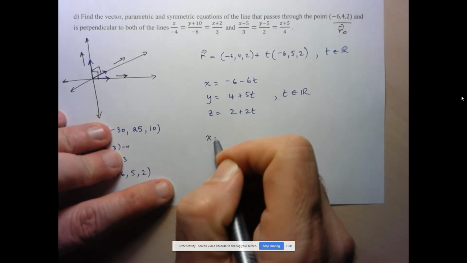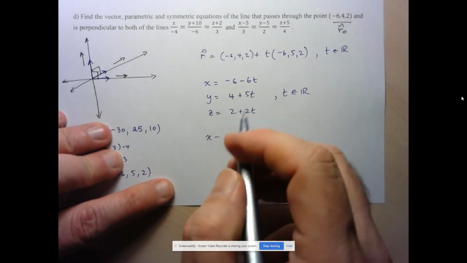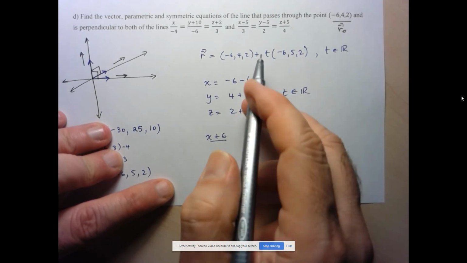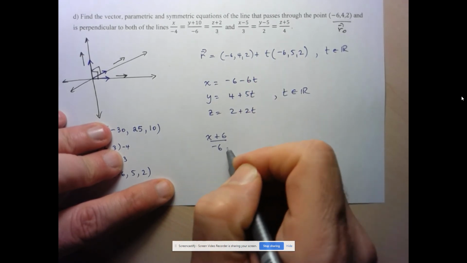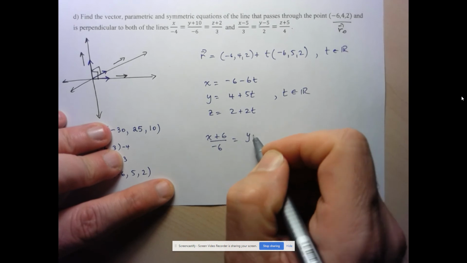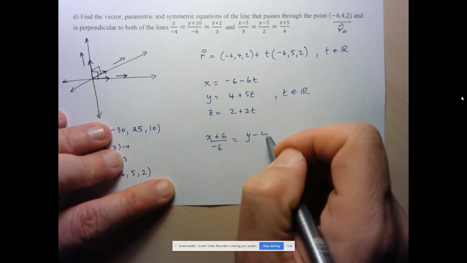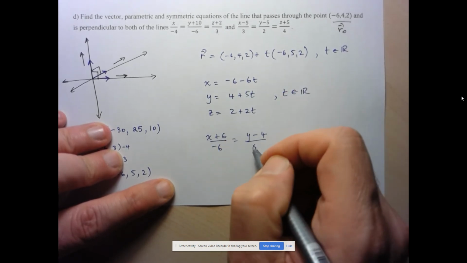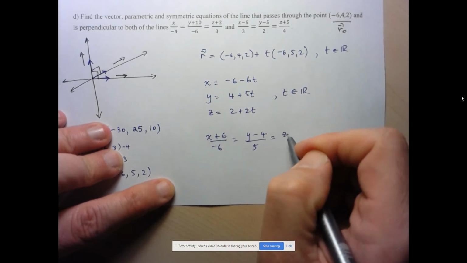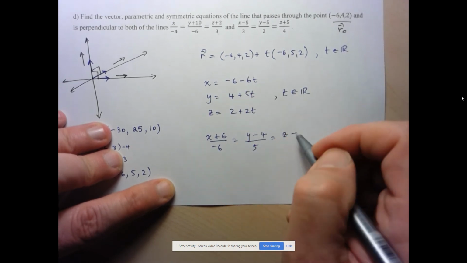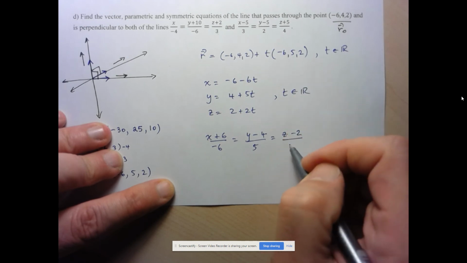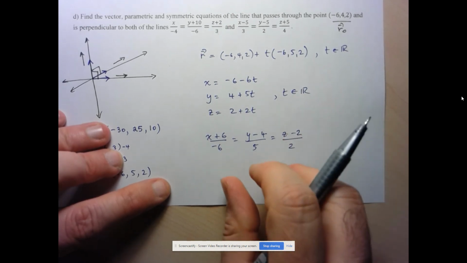So x minus the x component, so x minus -6, x plus 6 over -6, is equal to y minus 4 over 5, equal to z minus 2 over 2. And there's my symmetric form.